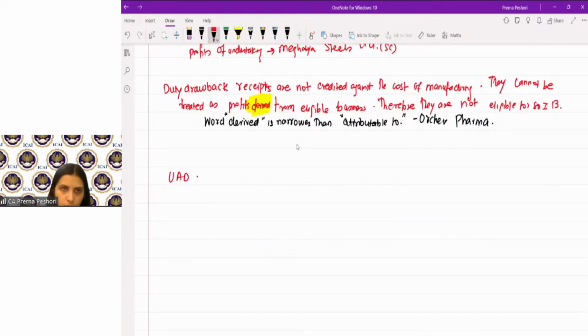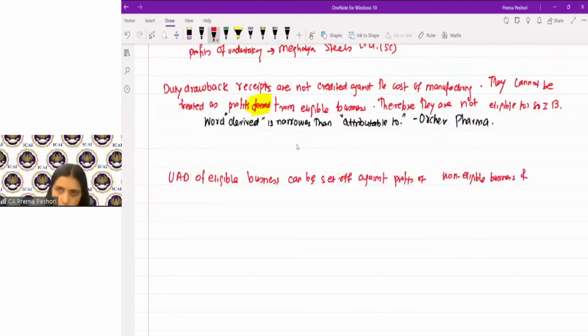Unabsorbed depreciation of eligible business can be set off against profits of non-eligible business, and the deeming fiction of 80IA cannot override Section 70.